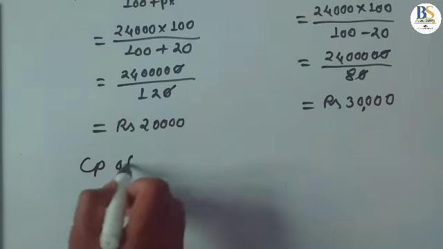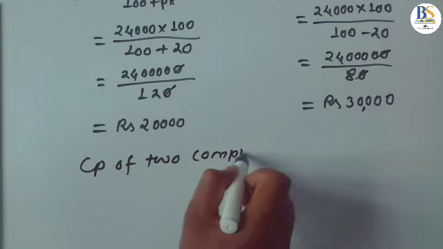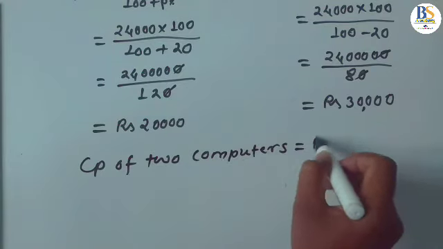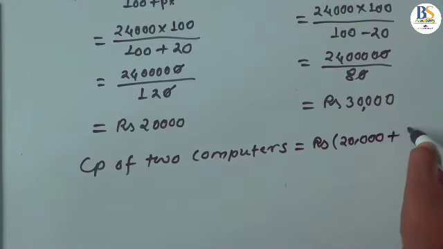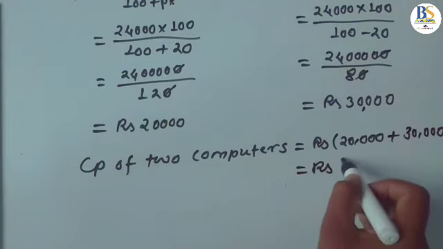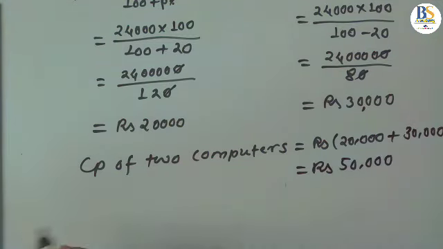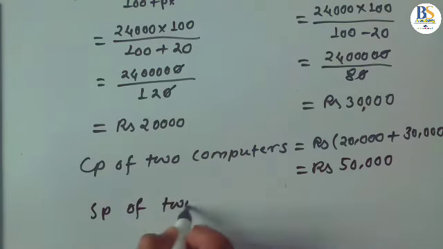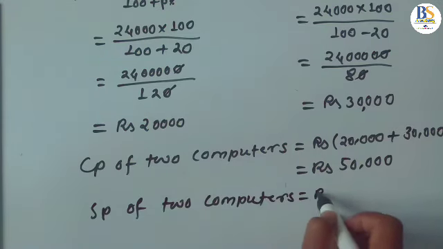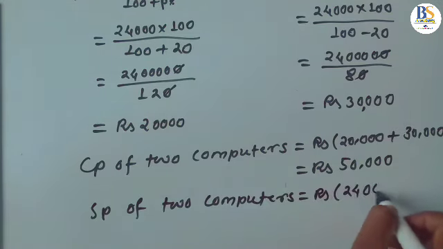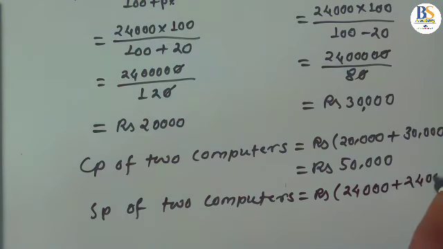Therefore CP of two computers equals Rs 20,000 plus 30,000, which is Rs 50,000, and SP of two computers equals Rs 24,000 plus 24,000, which is 48,000.